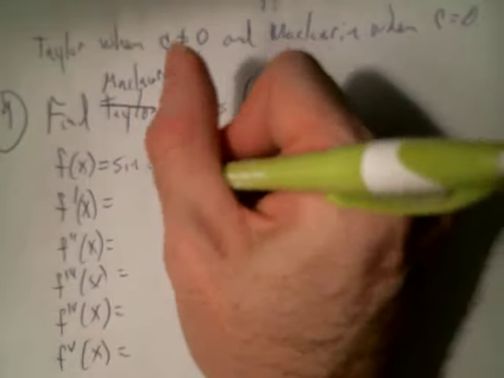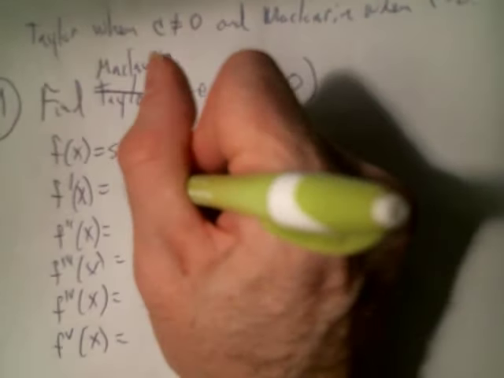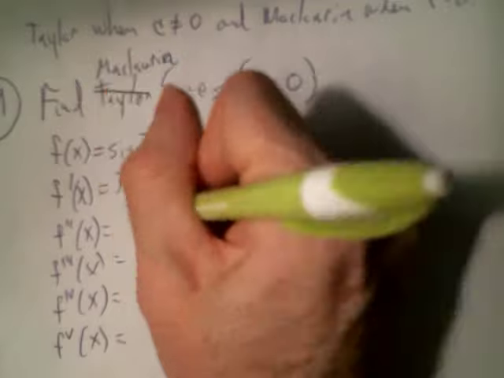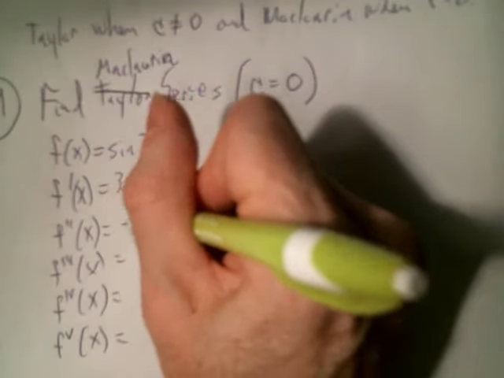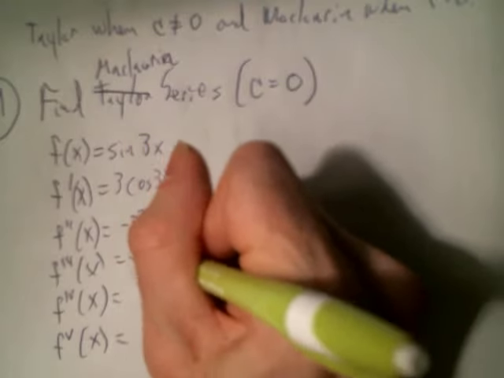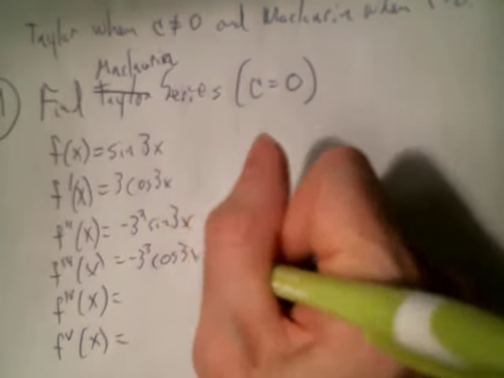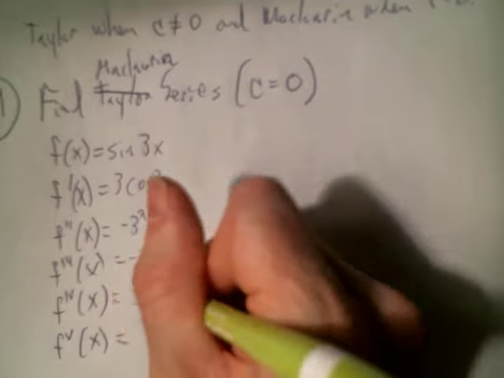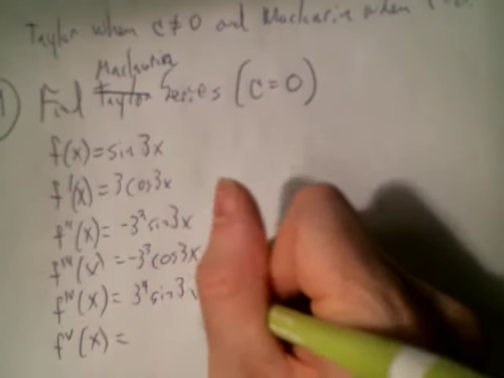Okay. So remember chain rules here. Cosine 3x times 3. Okay. Negative 3 squared sine 3x. Negative 3 cubed cosine 3x. 3 to the 4th sine 3x.